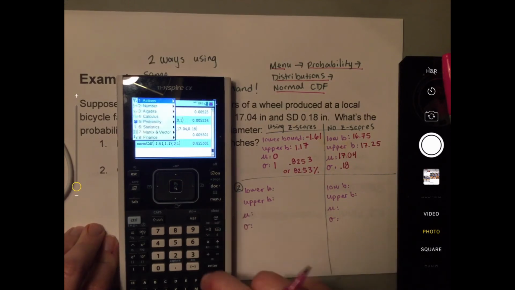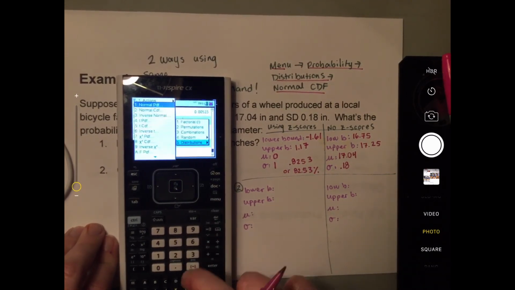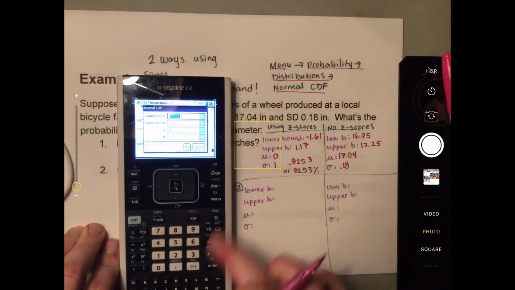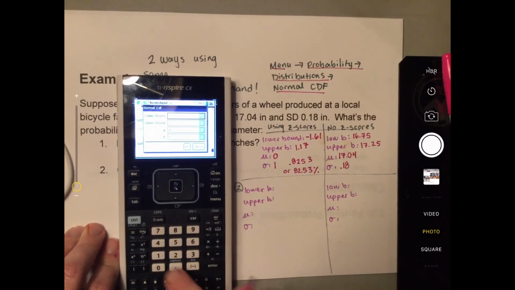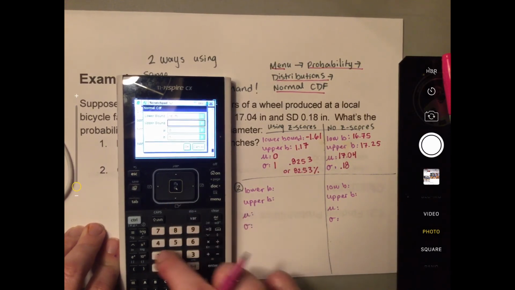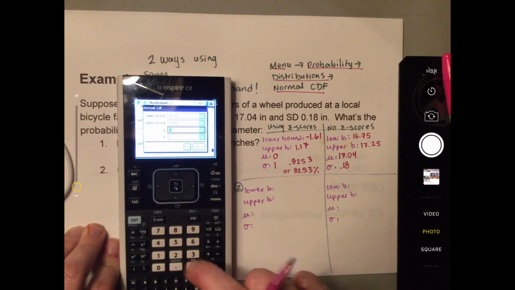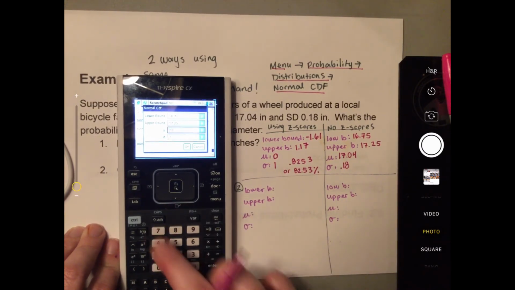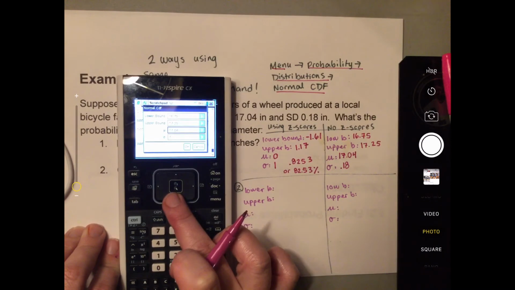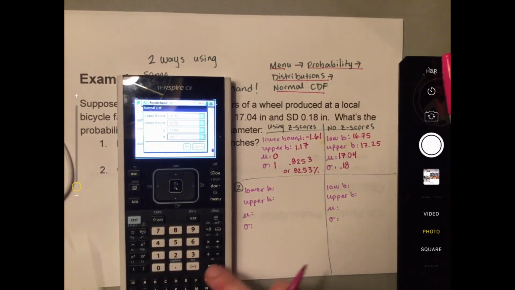So I'm going to go to menu, probability, distributions, normal CDF. My lower bound is 16.75. Upper bound 17.25. I've got to change the mean to 17.04 and the standard deviation to 0.18.